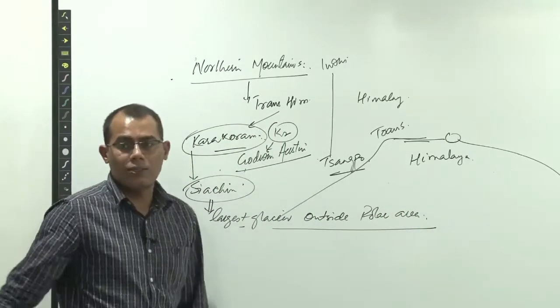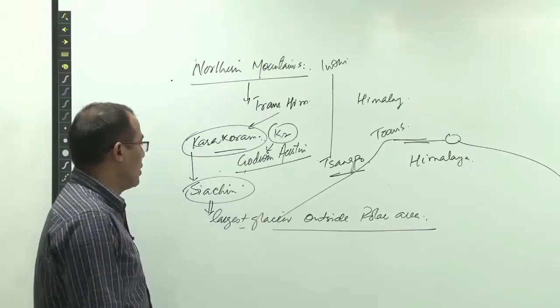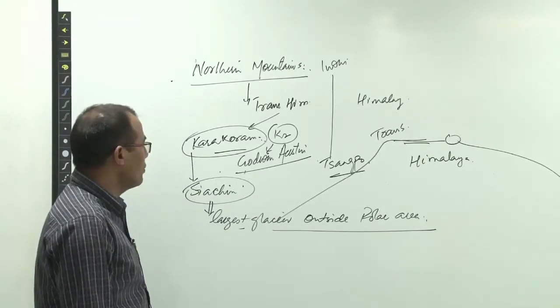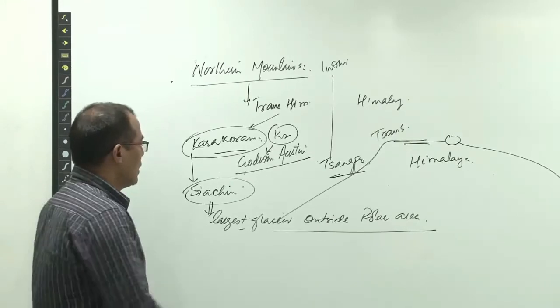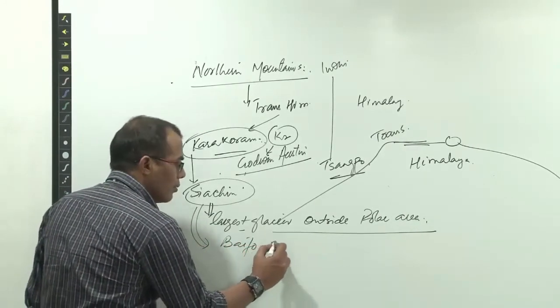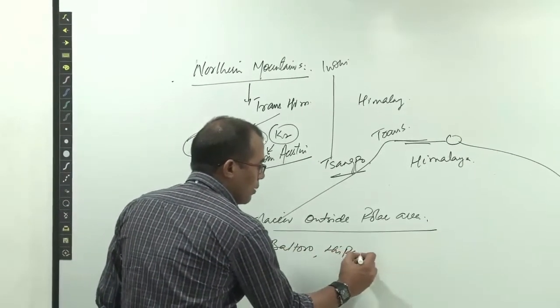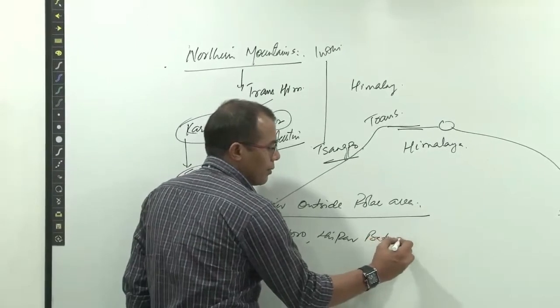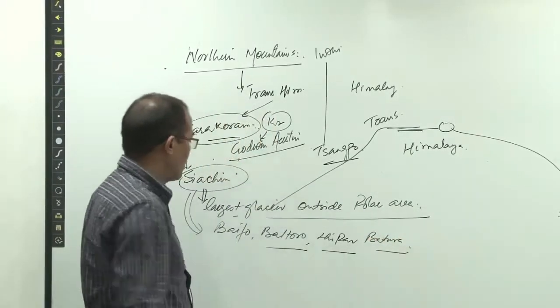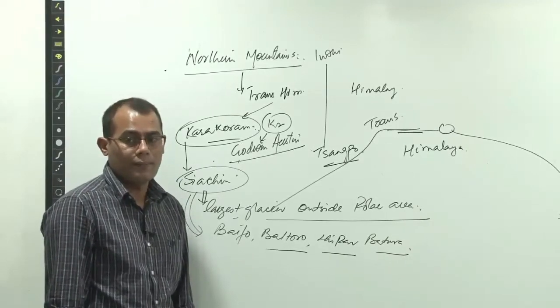The largest glacier on the surface of the earth outside polar area is Siachen Glacier. Then we have a few glaciers you can locate: Baltoro, Hispar, Batura. Four major glaciers other than Siachen in the Karakoram range.